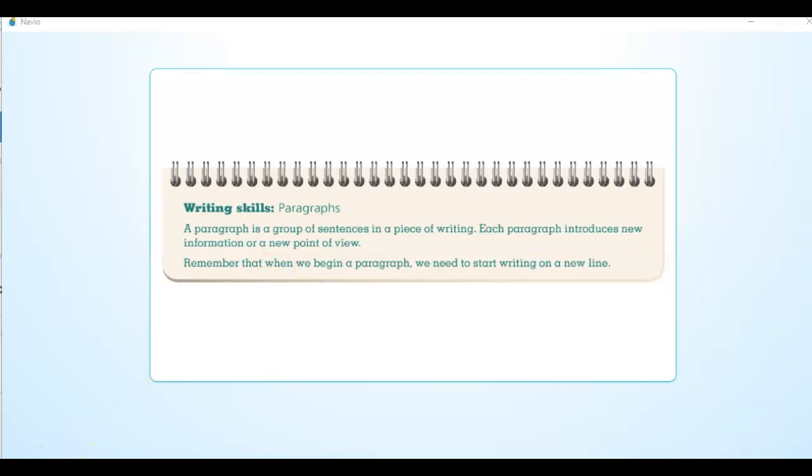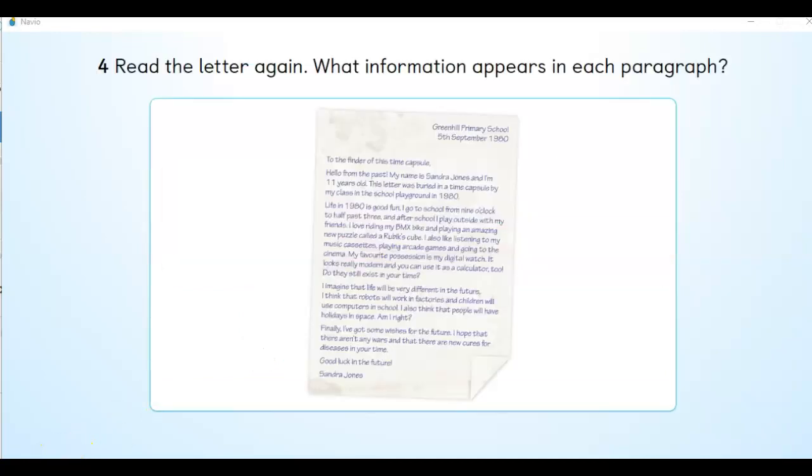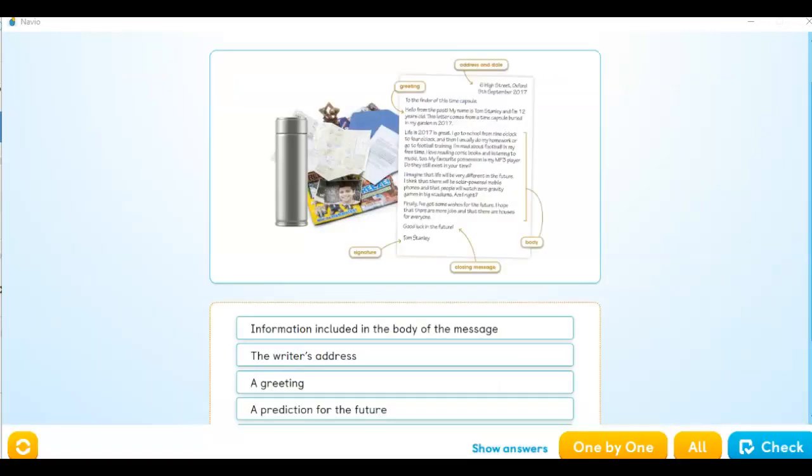You have this letter here. I want you to read it and decide what information appears in each paragraph, please. Now we are going to do exactly the same with the first letter, the letter by Tom.